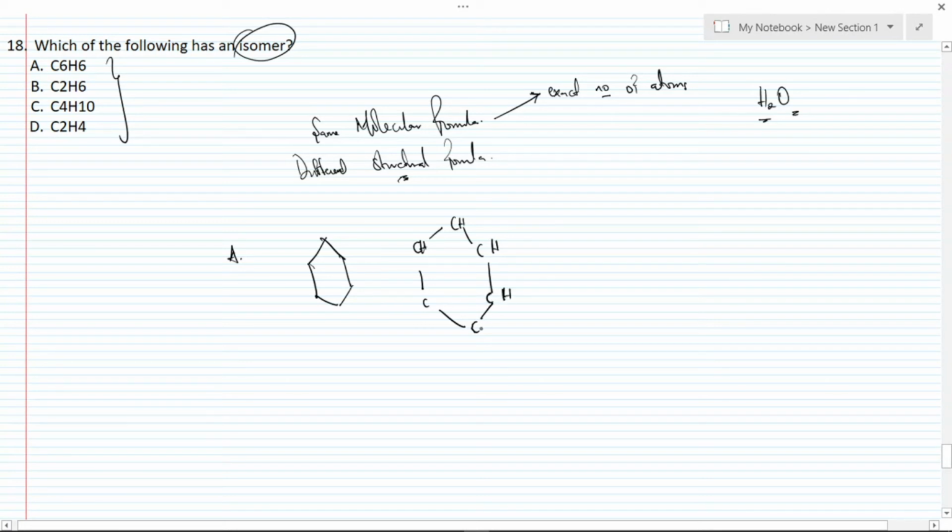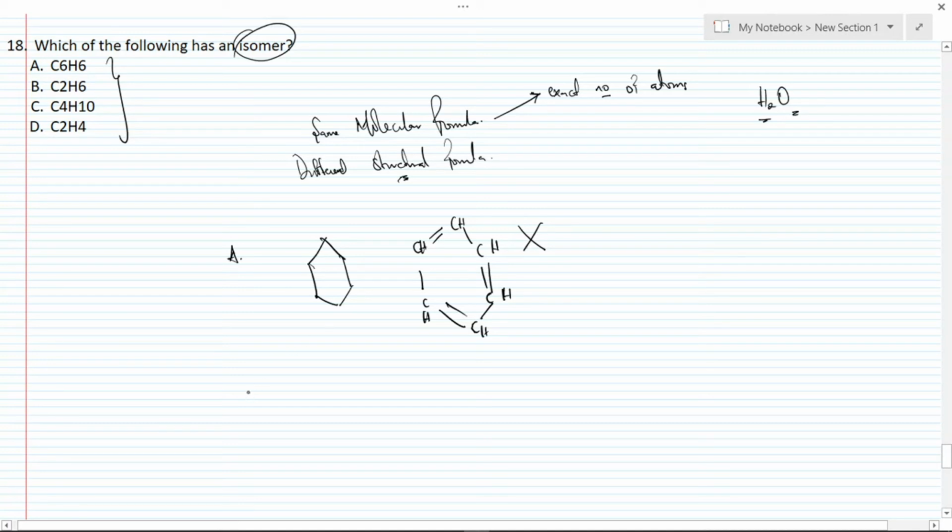There's C, hydrogen. Now, can this be represented in any other way? No, benzene cannot be. There is no tweaking. There's no way we can adjust the atoms and have a valid structure. So that means benzene is definitely not an isomer.